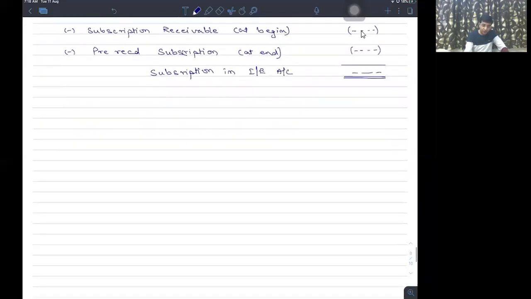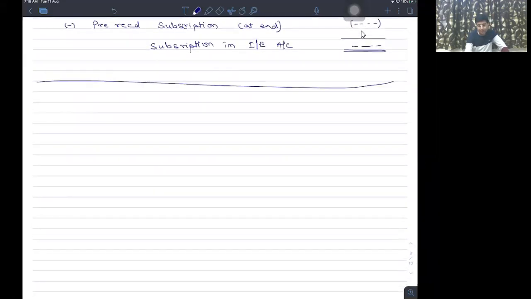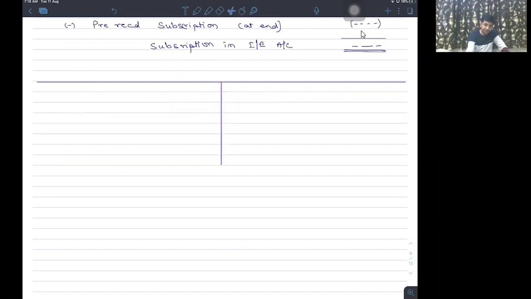Same ways, if I want to do this in the form of an account, how will I do that? If this is my subscription account, whatever is the amount received during the year, my entry will be bank account debit to subscriptions account.